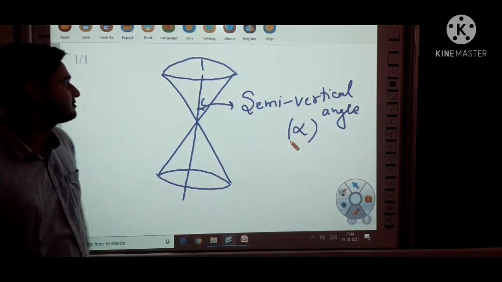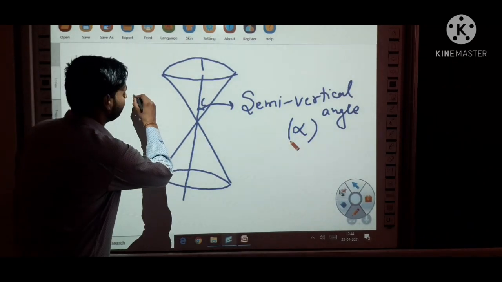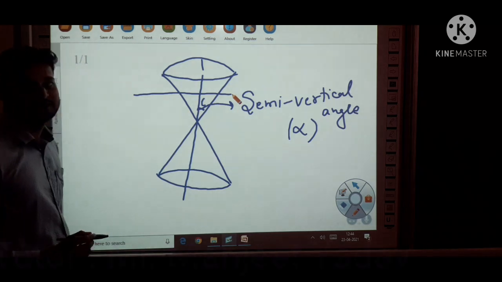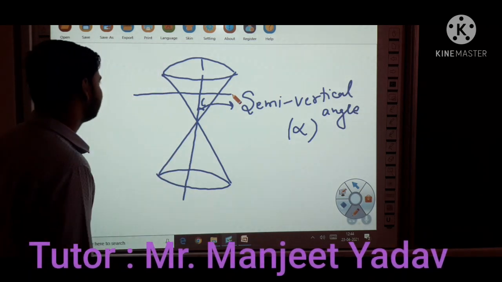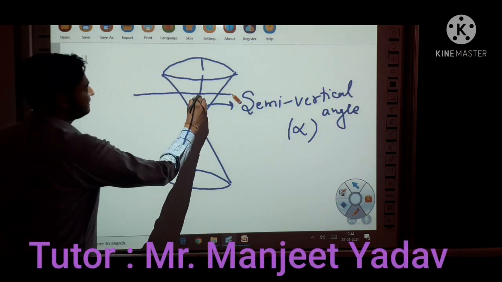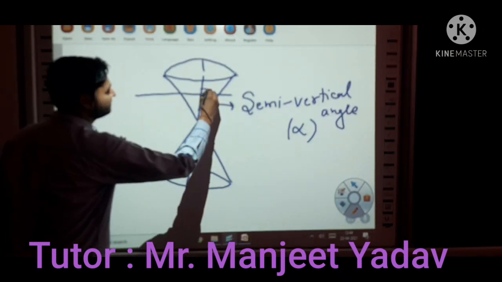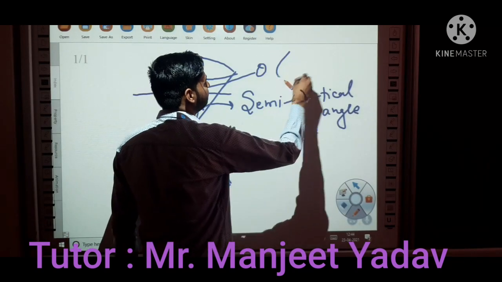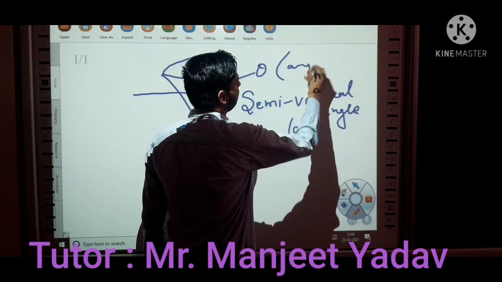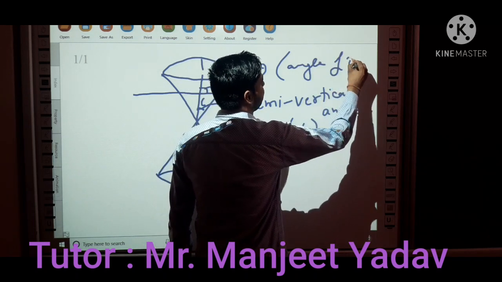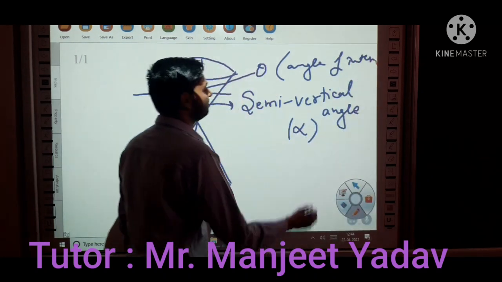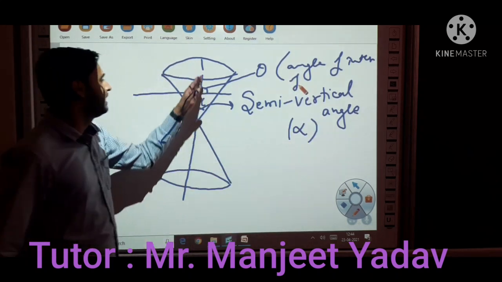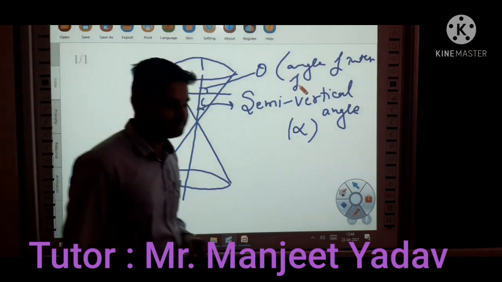Now it's turn to next point that it is the plane which cut the double inverted cone like this. If this theta is the angle of intersection of plane to the angle of semi-vertical angle.